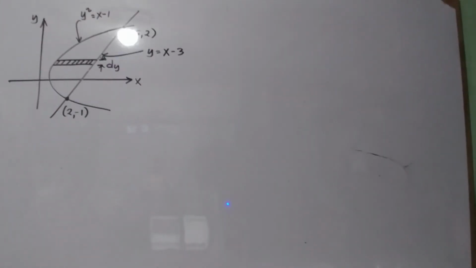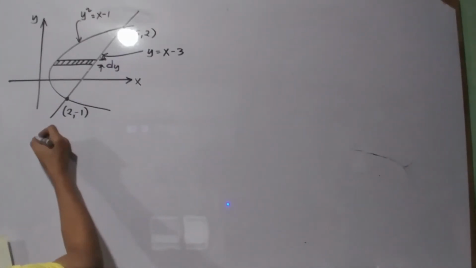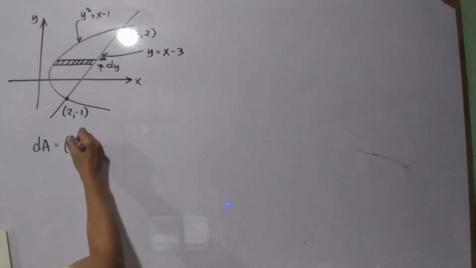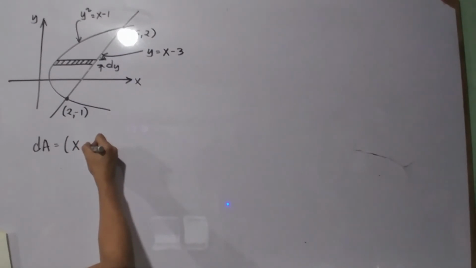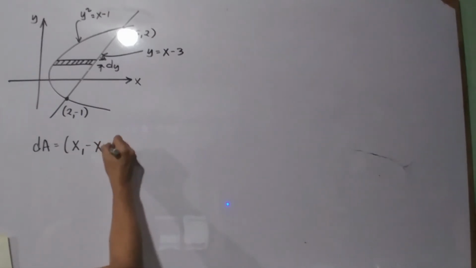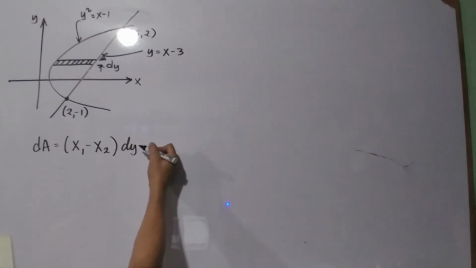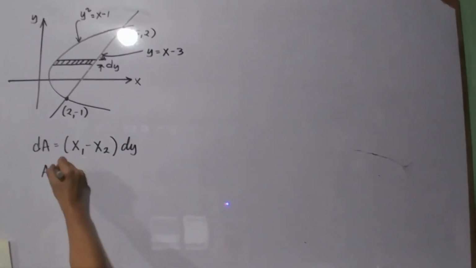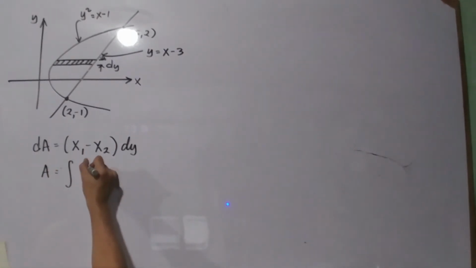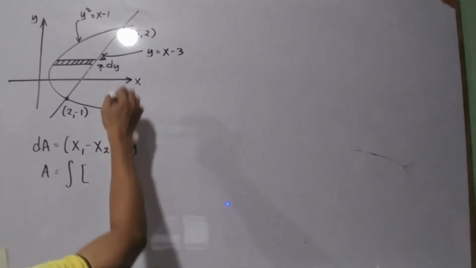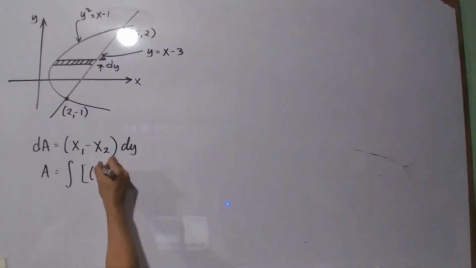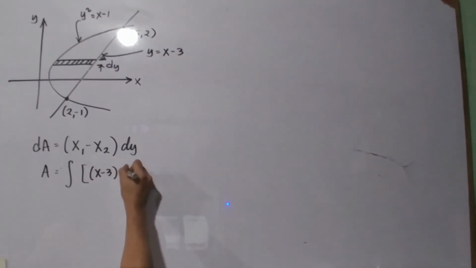So we have now our dA is equal to x sub 1 minus x sub 2 dy, or we have now the area is equal to the integral of the extreme, this one, x minus 3 minus.